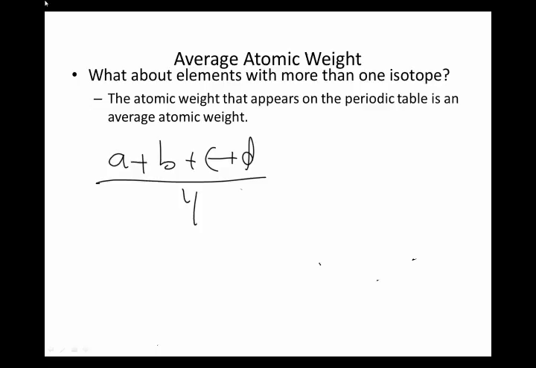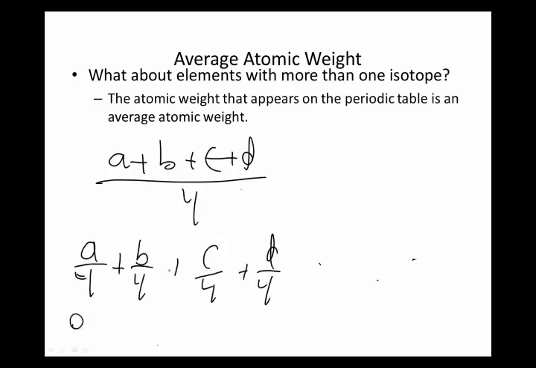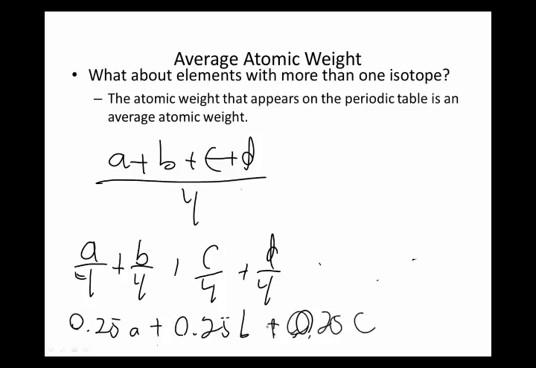Well, then what I've got is A over 4 plus B over 4 plus C over 4 plus D over 4, which is really 0.25A plus 0.25B plus 0.25C plus 0.25D, right? So we're weighting them equally. It's 25% for each of them. We're giving a 25% weight to every one of the numbers, an equal weight.